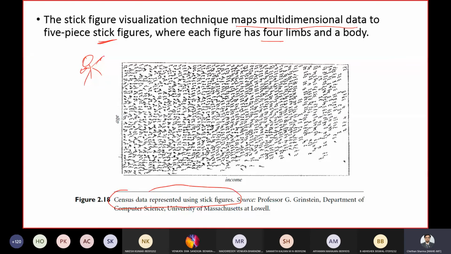You can't actually make out whether the thing is exactly a stick figure or not. But you have to know that one method of plotting multi-dimensional data is using stick figures, where any two dimensions are mapped to the display axes, that is x and y, and the remaining dimensions are mapped to the limbs.